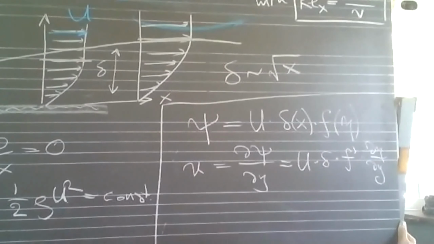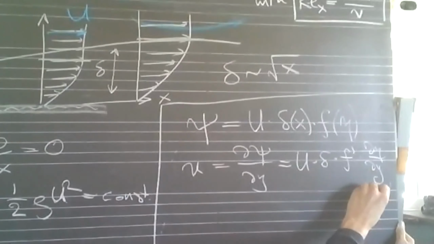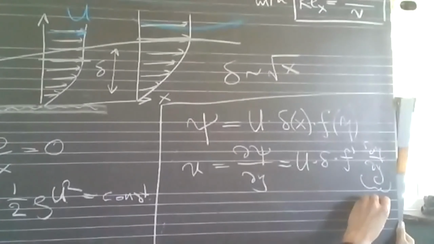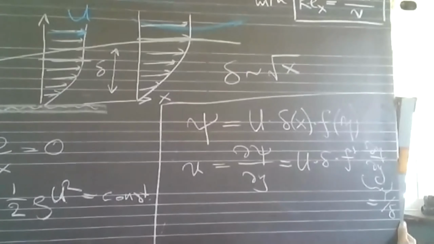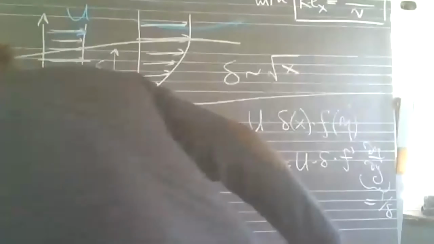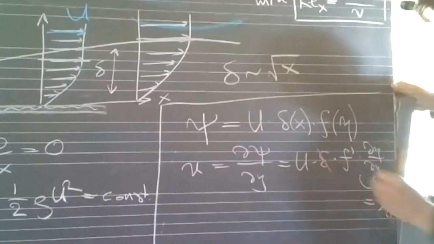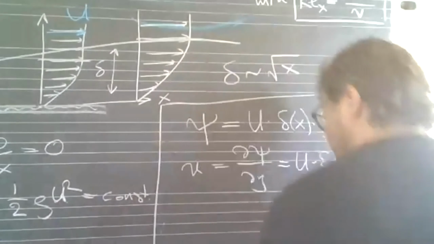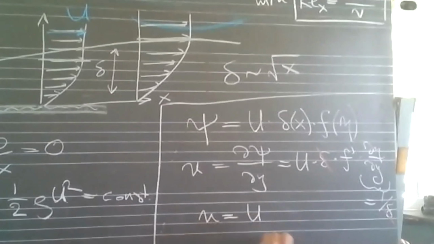And if you check out what d eta dy is, you can do this at home, you will see that d eta dy is exactly 1 over delta. You can see that. So in red chalk here, we have a 1 over delta here, and we have a delta there. So u is exactly equal to U times f prime.